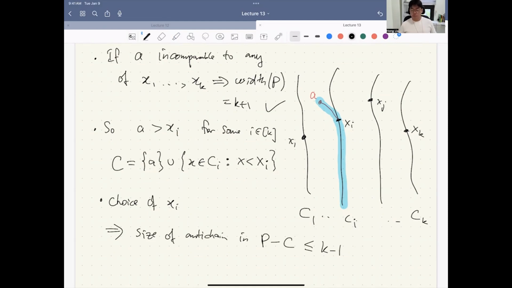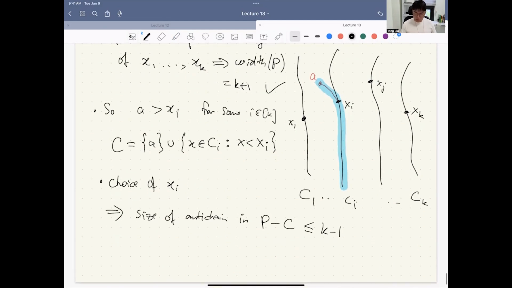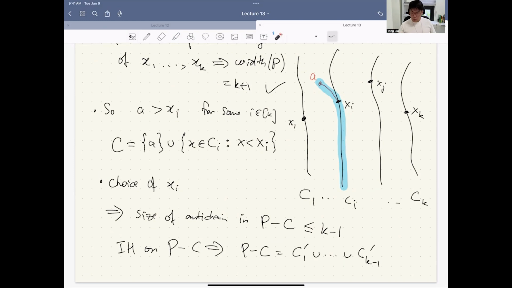Now we are done because we use the induction hypothesis on P minus C, we get the chain decomposition C1 prime to CK minus 1 prime. Then together with this chain C, we get a chain decomposition of size K for P. Done.